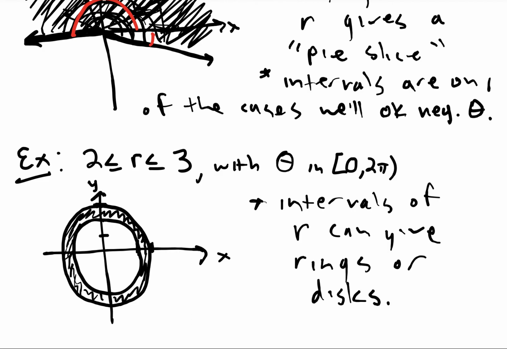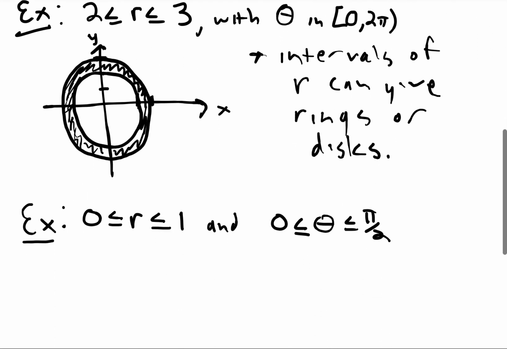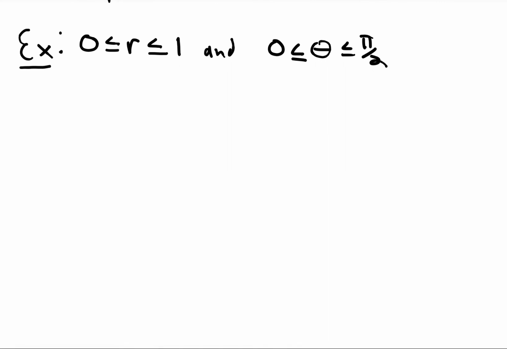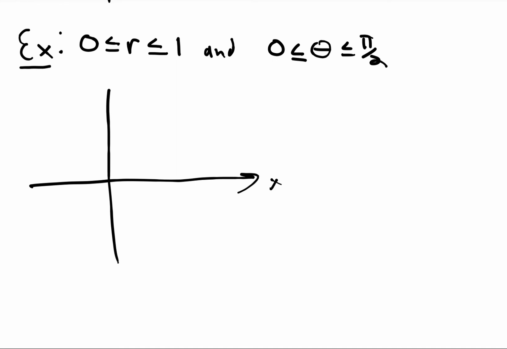Another thing we can do is combine these techniques to get different pie-slice-looking regions. If I pair both of those together, let's say I sketch this pairing of intervals for you. I'm going to look at the values of theta that I specified here. I said that we're between 0 and pi over 2, but that my r is only allowed to vary between 0 and 1.